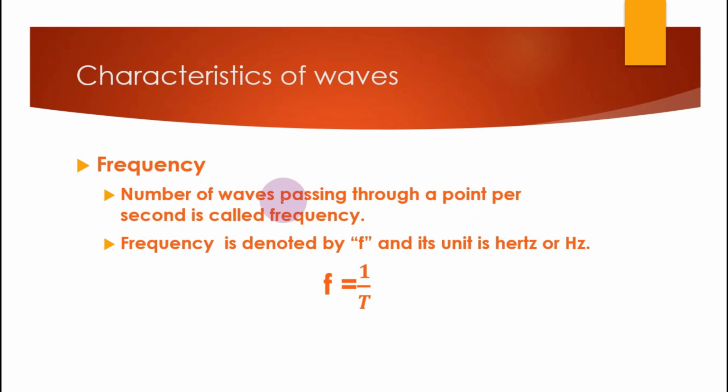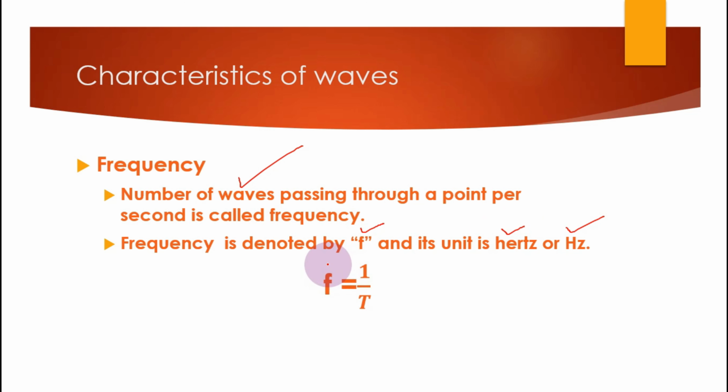Frequency is the number of waves passing through a point per second. Last time you studied this and defined it as number of oscillations per second or number of cycles per second. Now you are going to mention waves in it, so number of waves passing through a point per second. And we know that frequency is denoted by f, its unit is hertz or Hz.